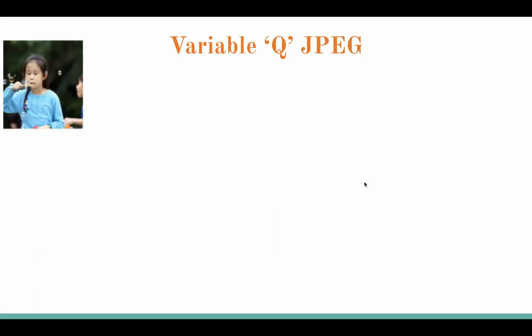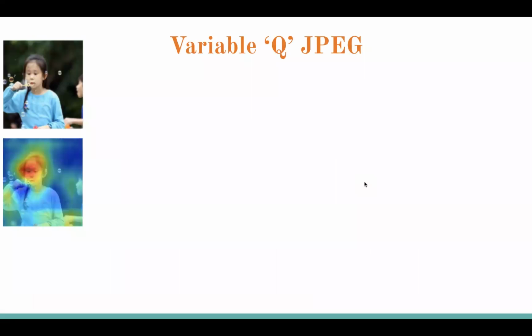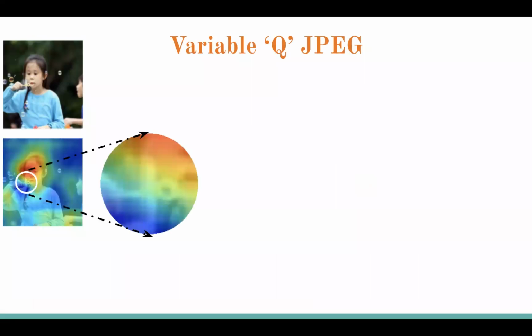So what we do is, say you have this image and this map over the image. The map has different values, and the value goes from 0, which is blue, to 1, which is red. First, let's change this continuous value into discrete bins.